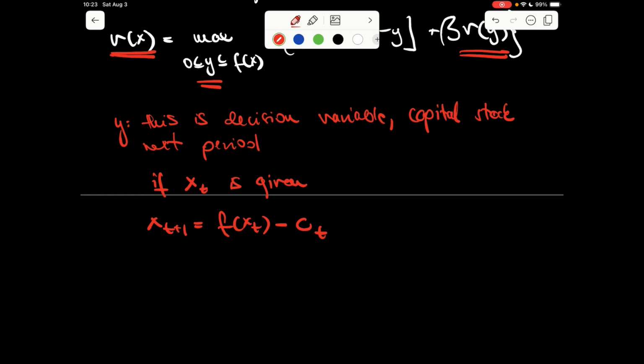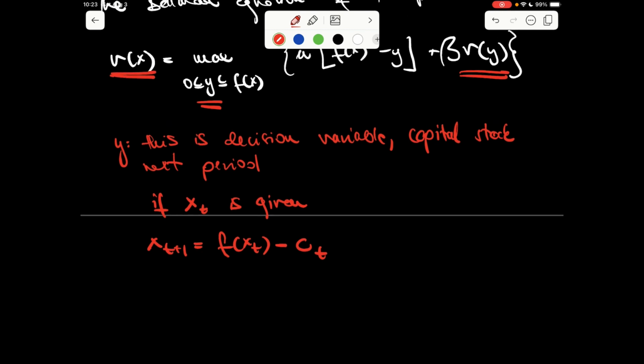So by taking the capital stock as a decision variable, we make the decision at the same time on consumption. So we treat capital stock next period as our decision variable, which includes the decision on consumption.